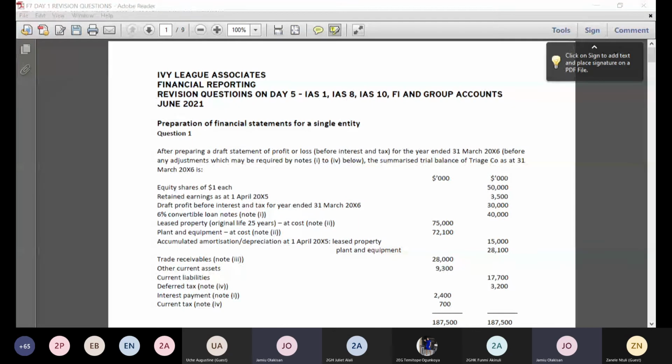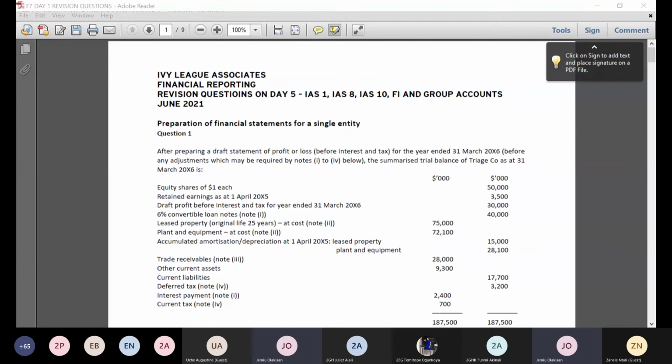However, if you are changing voluntarily, because you believe the change will result in more reliable and relevant presentation of information, then you should change retrospectively. You should change what? Retrospectively. Unless it becomes impracticable to do so, you should change retrospectively.